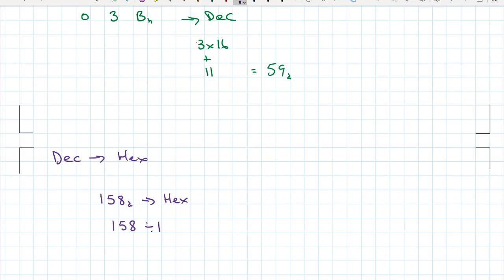Well, I don't know how to write that shorthand, so I'll just say divided by 16. So it goes 9 times remainder 14.